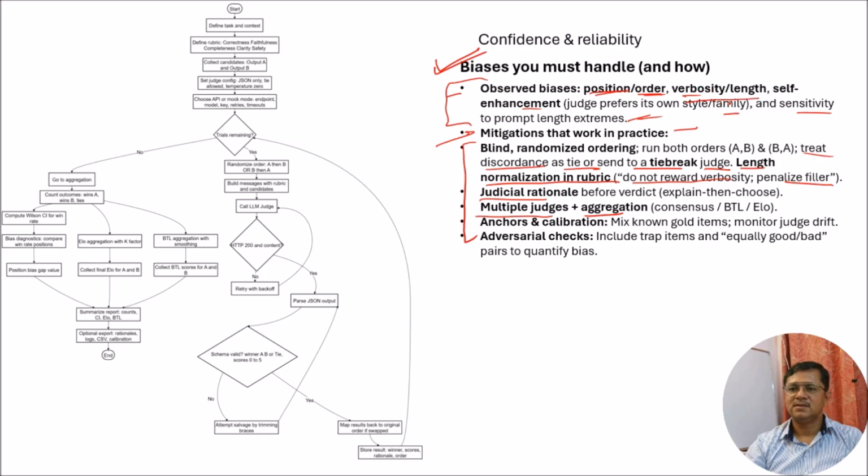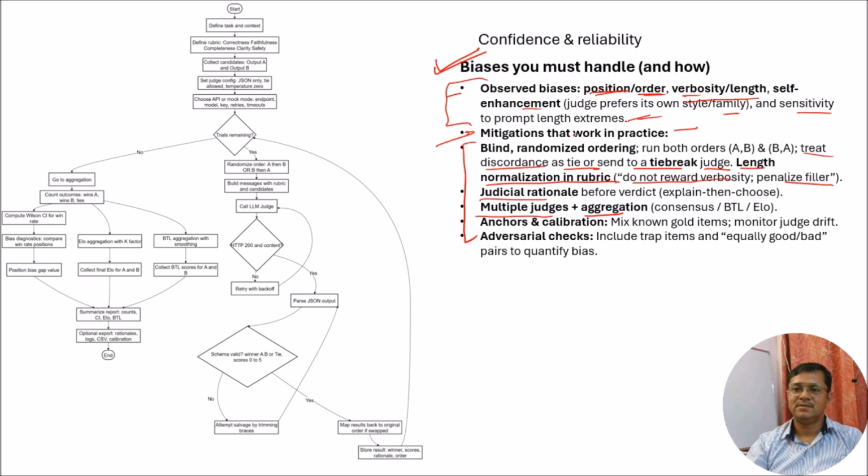Then verbosity or length: several times LLMs get confused by longer prompts. Then self-enhancement: if you try to judge answers written by one kind of LLM, like GPT, and at the same time judge answers written by another LLM, then generally an LLM prefers its own answers or styles.